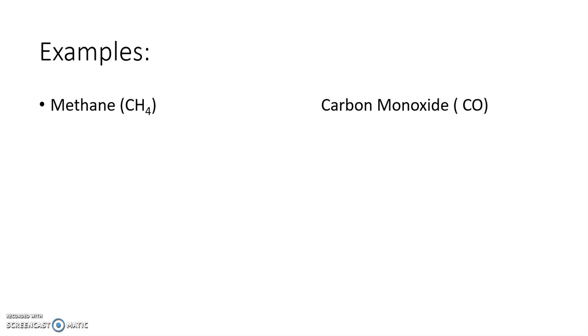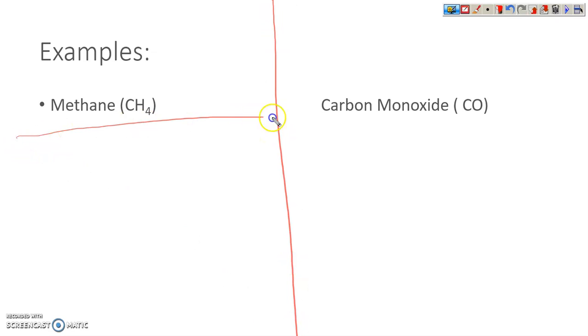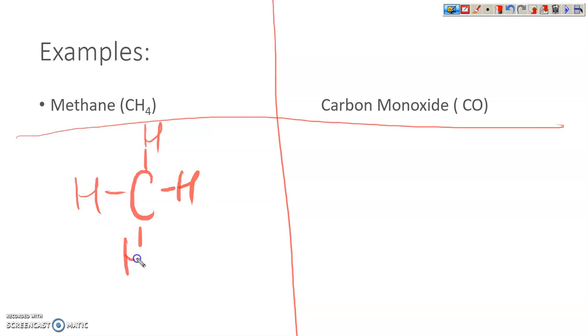Moving on to the next, now we'll see two examples of covalent bonding. We will take methane, which is CH4, and carbon monoxide, which is CO. We will divide this page in two parts. For methane, carbon has four electrons in its outermost shell, and hydrogen has only one. To make this, we will put all the hydrogens here. Now here they are sharing the electrons.